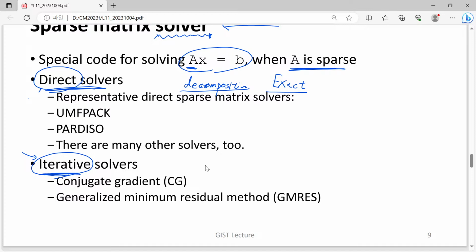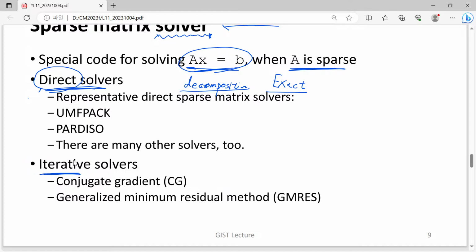We just try to calculate a solution quite close to the real solution. Quite similarly, even when we consider an AX equal to B system, we are not required to find the exact solution. If our solution X is quite close to the real exact solution, within a certain numerical error bound, then we will say that it's okay, we will stop here. So that's the reason why we have iterative solvers.